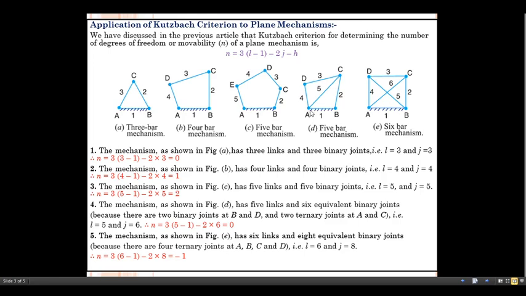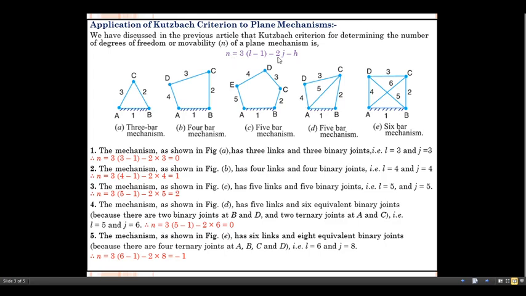So in this case, 2 ternary joints means 2 multiplied by 2, which is 4. 4 plus one binary joint here, and another binary joint here, means 4 plus 1 plus 1, a total of 6. So 6 equivalent binary joints with us as far as this case is concerned. So the number of links with us is 5, and the number of joints with us is 6.